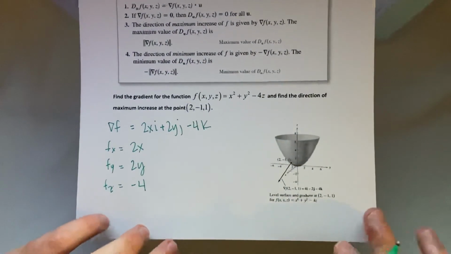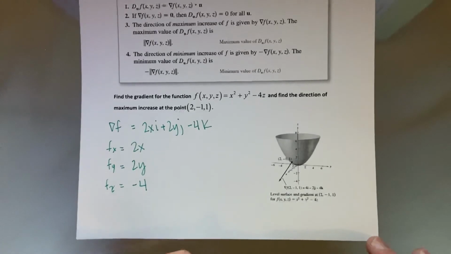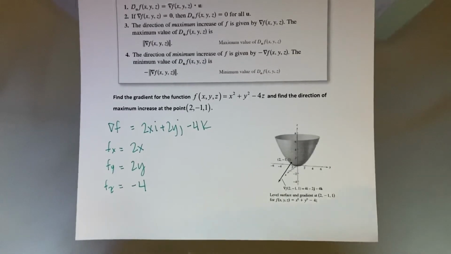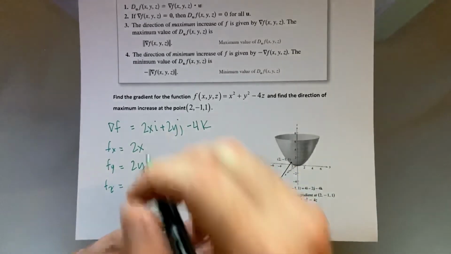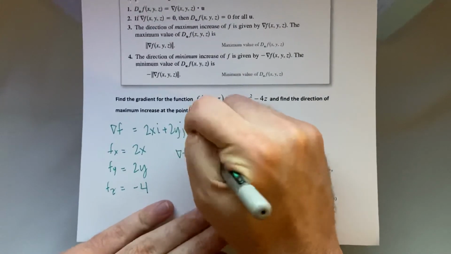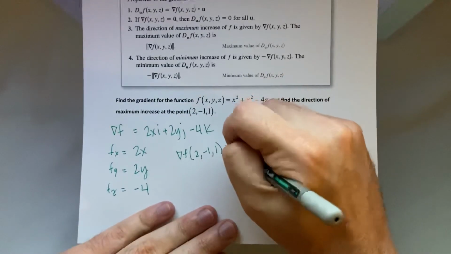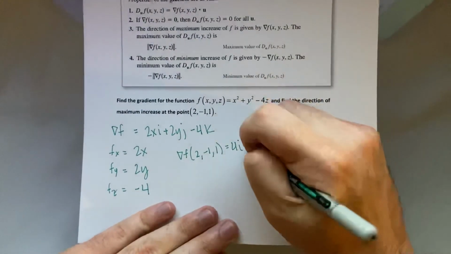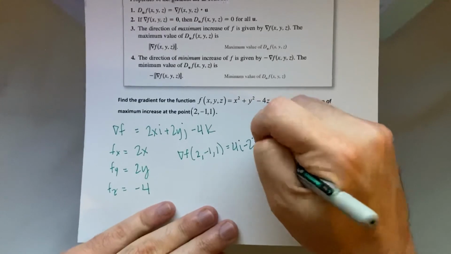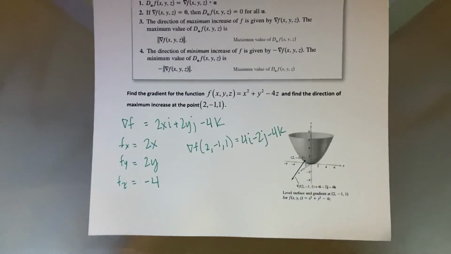So that's my gradient. Now we want it at the point 2, negative 1, 1 to find the maximum increase. So what's my gradient at the point 2, negative 1, 1? That would be 4i minus 2j and then minus 4k, since there's no z left to influence k in any way.